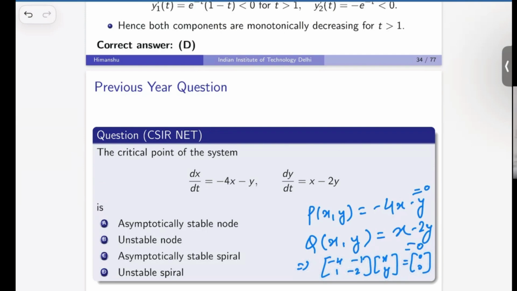Now we find the eigenvalues and eigenvectors of this matrix. Can you tell me the eigenvalues and eigenvectors?